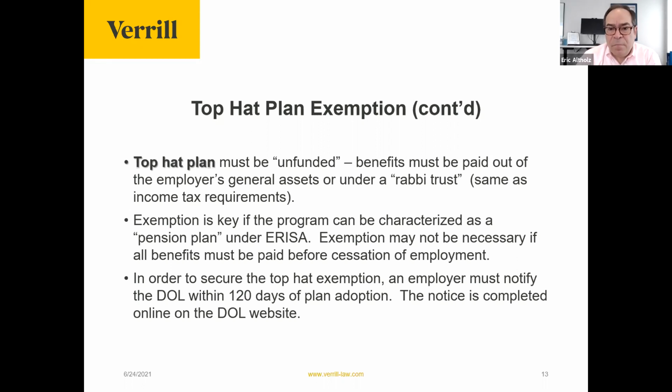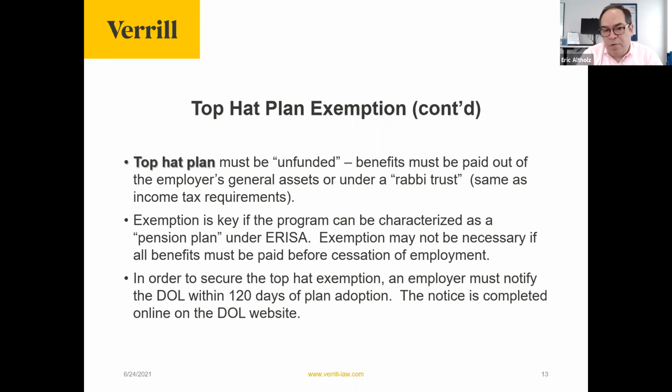And then finally, you've got to file a top hat statement with the Department of Labor. Back in the day, there was a form letter that we would always send to the Department of Labor, but a number of years ago, they made the process extremely easy, using a link on the DOL website. It'll take about 10 minutes to file your top hat plan statement.